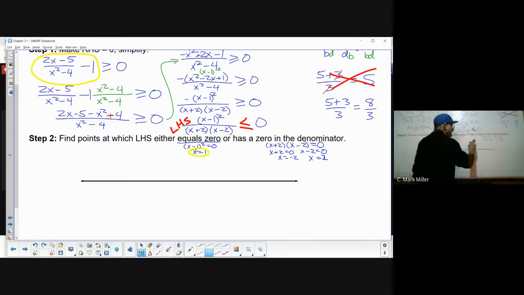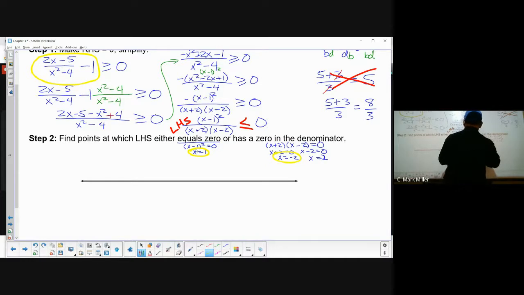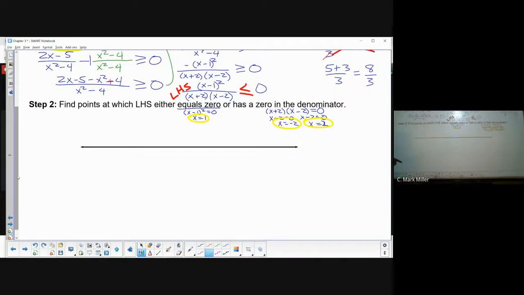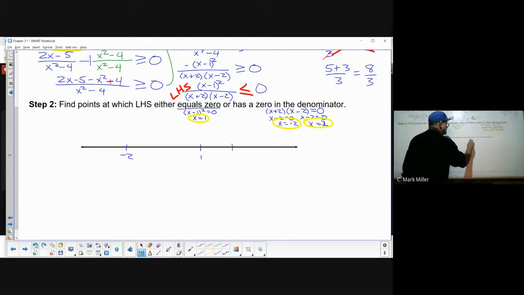You put them down here. But you're putting them down there now with a little bit of commentary. So we're going to have minus 2, 1, and 2.